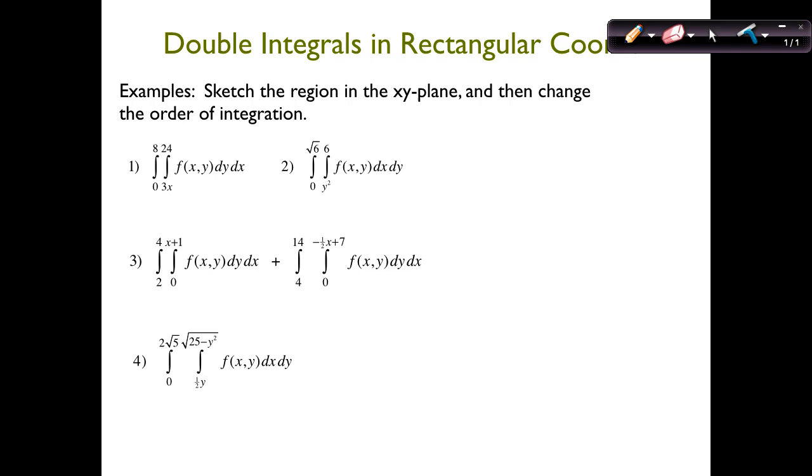Okay, so here are some examples, and we want to practice with these regions. So it's the other way now. I'm giving you the integral, and we want to sketch the region, and then we want to change the order of integration to the other type. So here's the strategy with these.